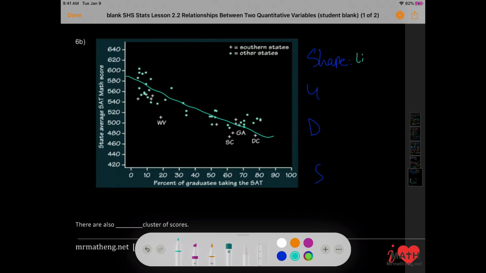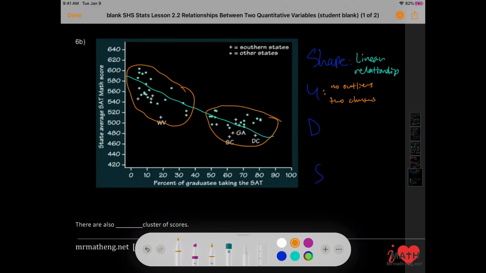So I would say a linear relationship. Is there anything unusual here? I would say there's no outliers. But I do notice two clusters. It seems like there's a cluster here and then a cluster here. It's possible, something we're noting.